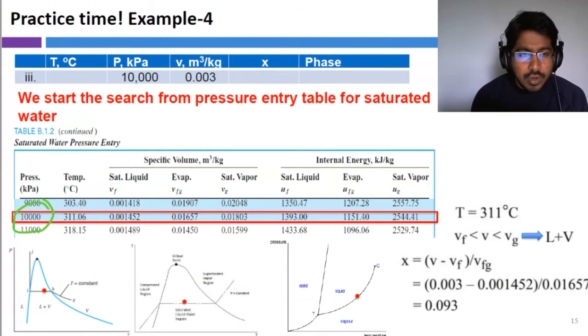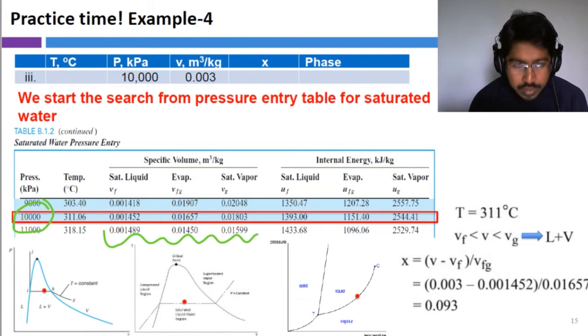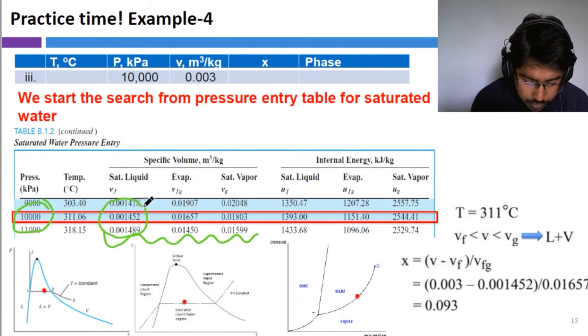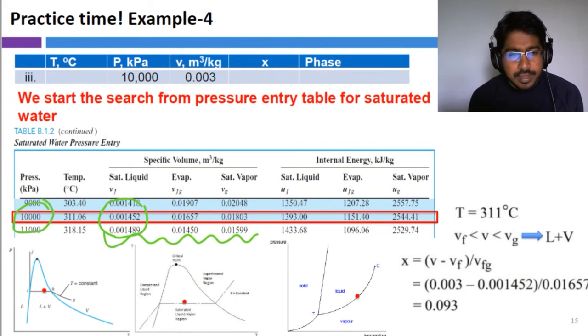In addition to pressure, the only parameter I've got is the specific volume. So now I compare my specific volume with what I have in the table. My specific volume is 0.003, which is obviously greater than the VF value under the given pressure. The VF value is 0.001, right?